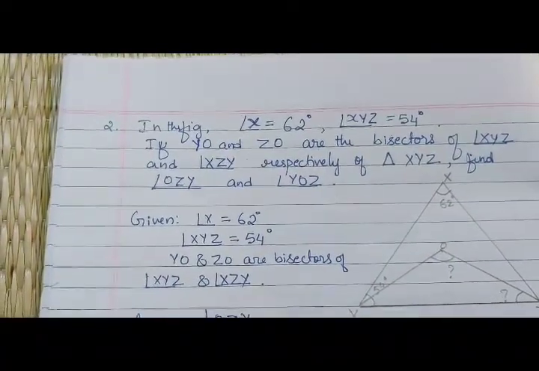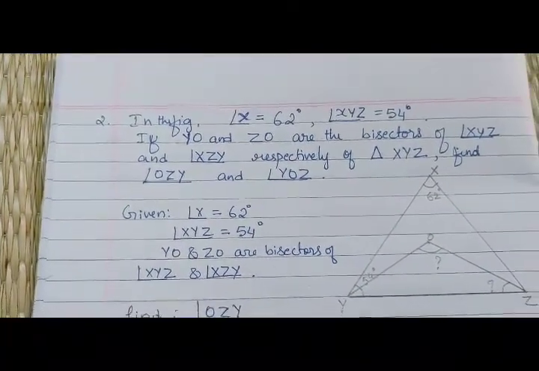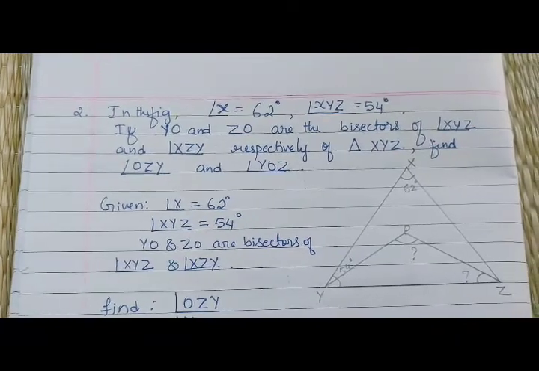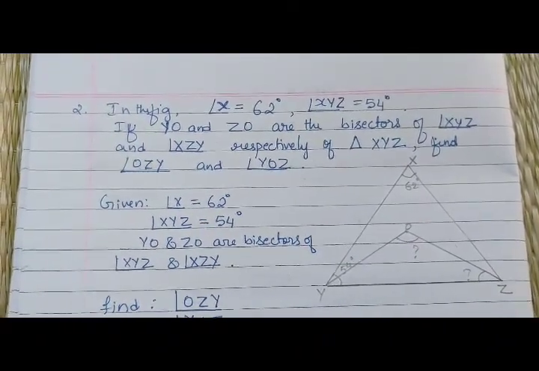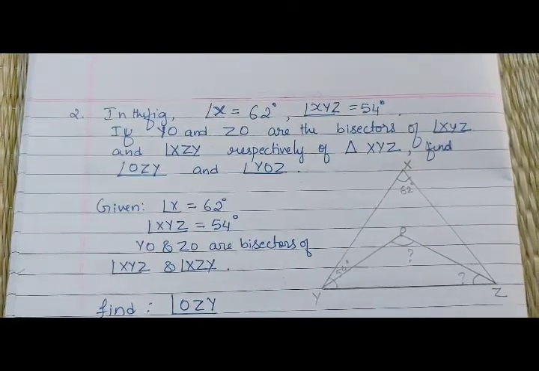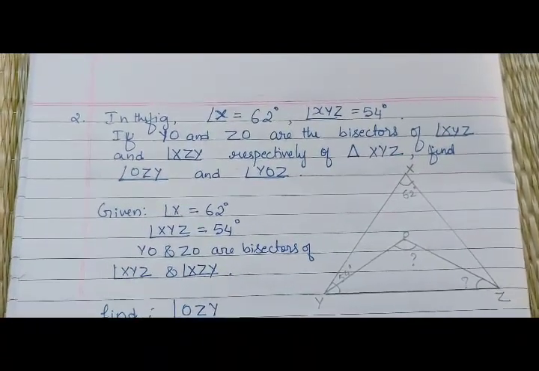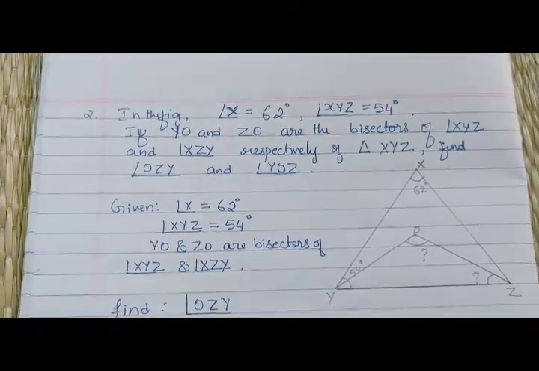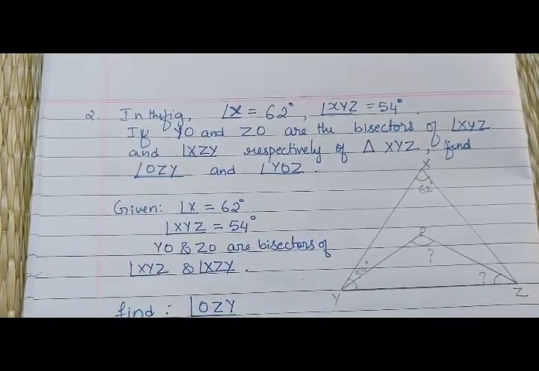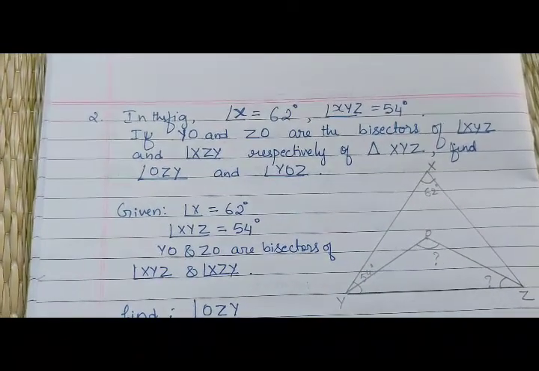In the figure, angle X is equal to 62 degrees. Angle XYZ is equal to 54 degrees. If YO and ZO are the bisectors of angle XYZ and angle XZY respectively of triangle XYZ, find angle OZY and angle YOZ.